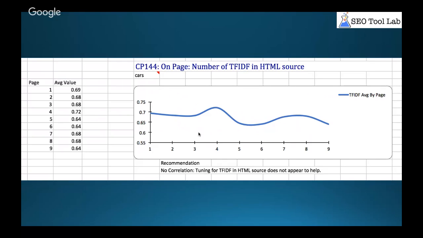Interestingly enough, for the keyword cars, TF-IDF did not correlate with ranking position. And what I see often is that term frequency will, and TF-IDF may or may not. And so I wonder if Google isn't running something that is TF-IDF-like, but it isn't the academic version of the algorithm.